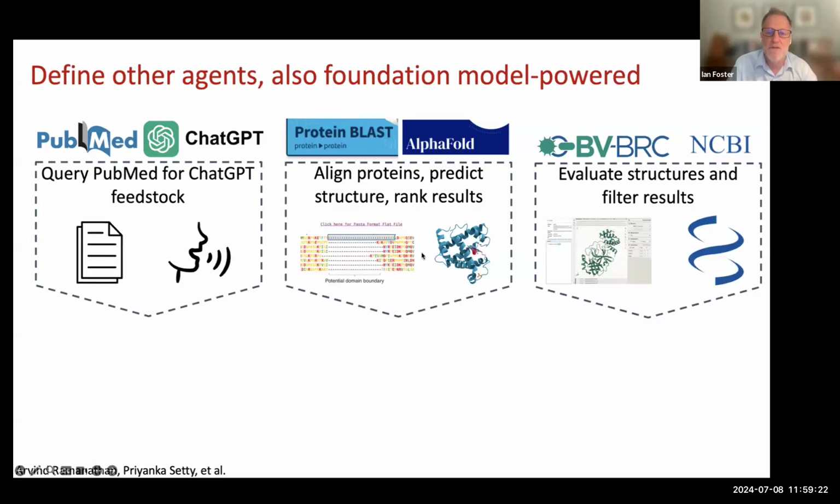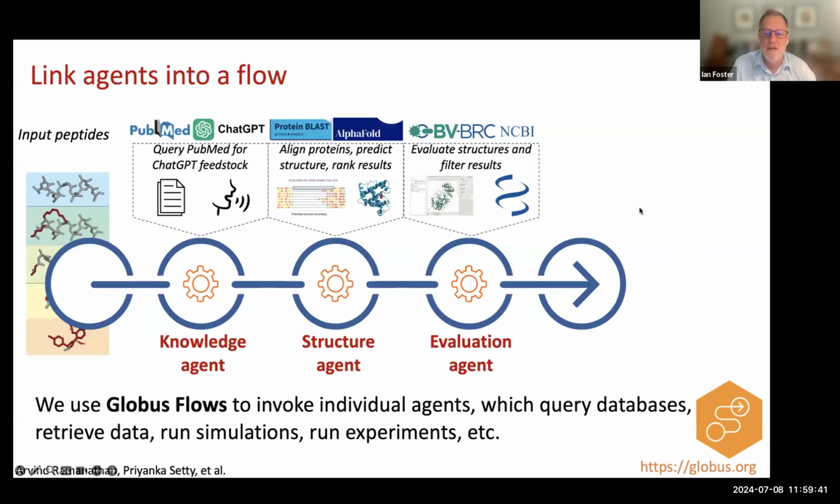Priyanka and other students have been building a whole set of such agents. So this up at the left here is the one I just talked about. Others will run simple computations to predict protein structures. Another will use other methods to evaluate structures. And we can link these together into a flow.